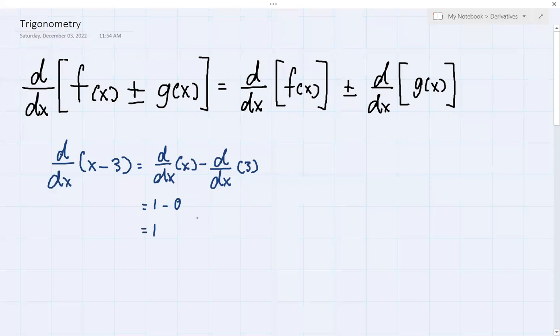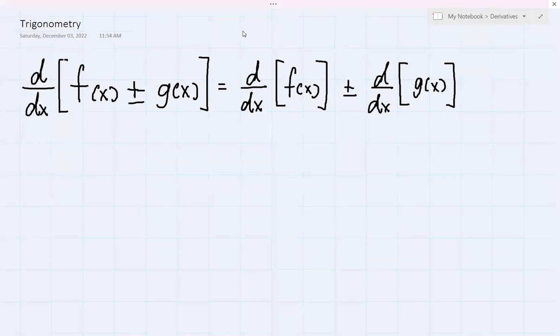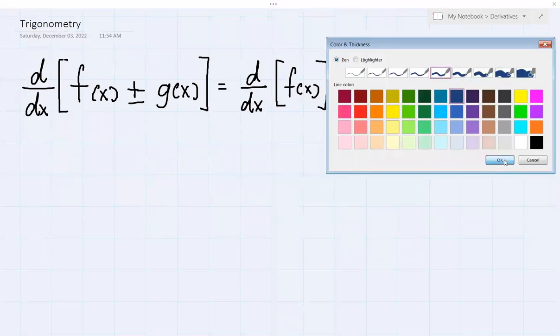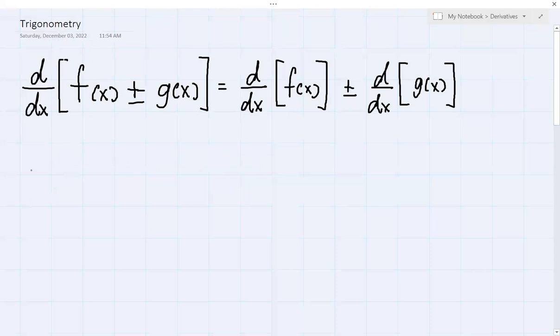Okay? So what if we're not going to use algebraic terms, rather trigonometric instead? Because overall, our topic is about trigonometry. So let's have this one. The derivative of 1 plus sine x.